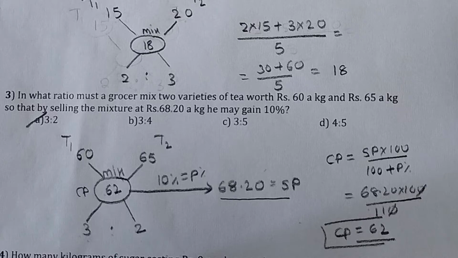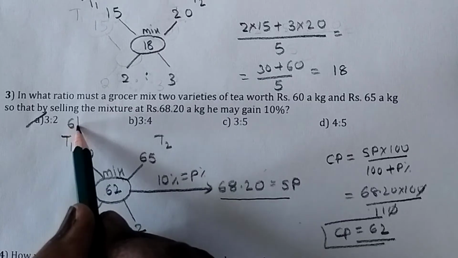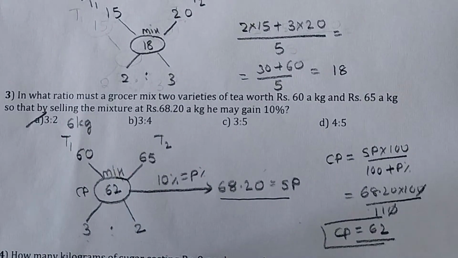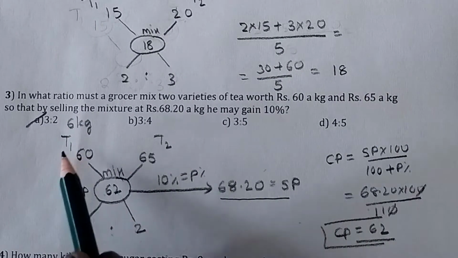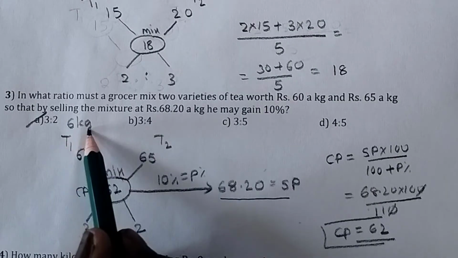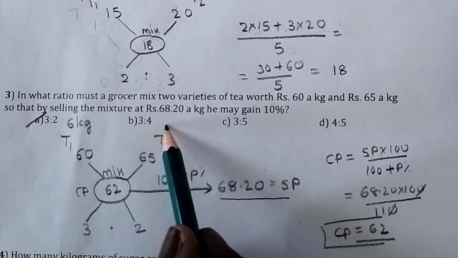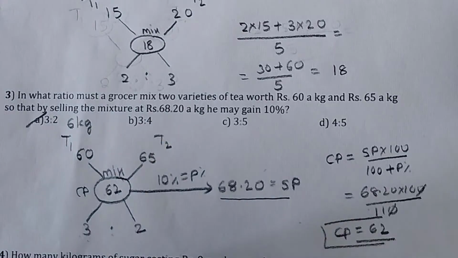So suppose the same question is asking the type 1 is of 6 kgs. Just assume the type 1 is 6 kgs. How many kgs of type 2 is going to be mixed to get a selling price of 68.20 and the profit is 10%?